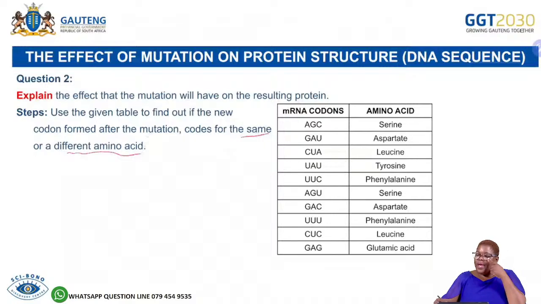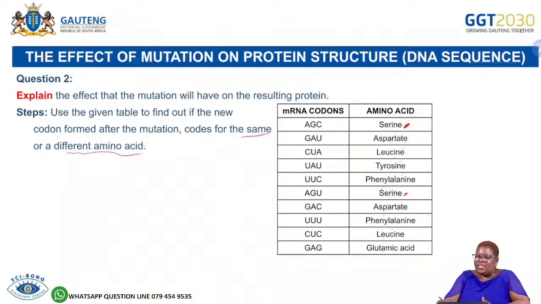Now, if you compare the amino acids, for example, if you look at the first amino acid, this one is serine. Okay, we've got all of those, 1, 2, 3, 4. The sixth one is also serine. What does it mean? That is the original, and before and after mutation has taken place, it leads to the same amino acids.